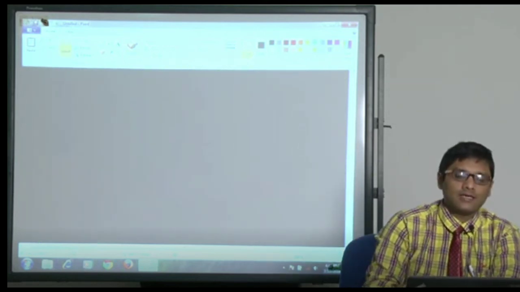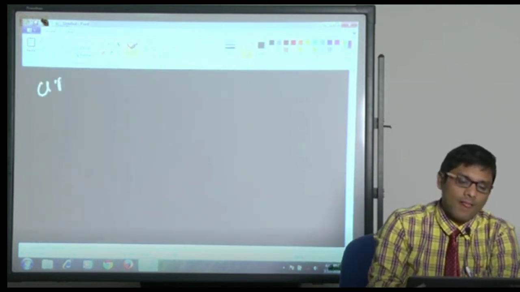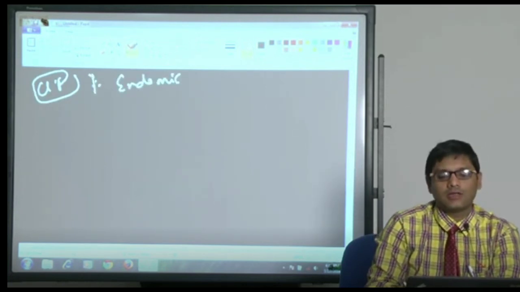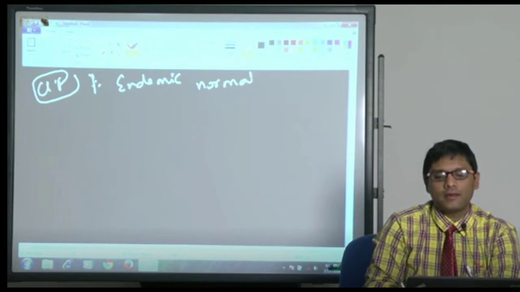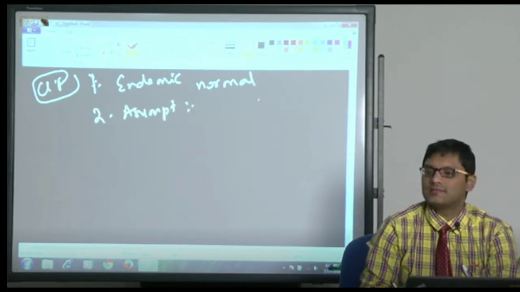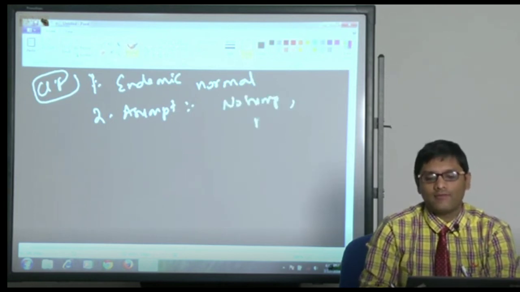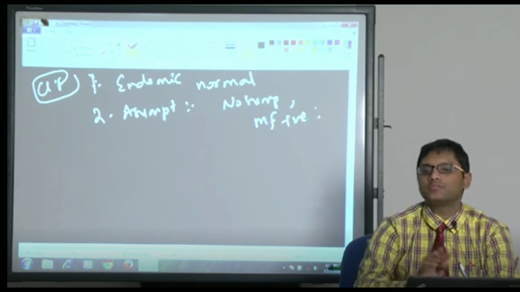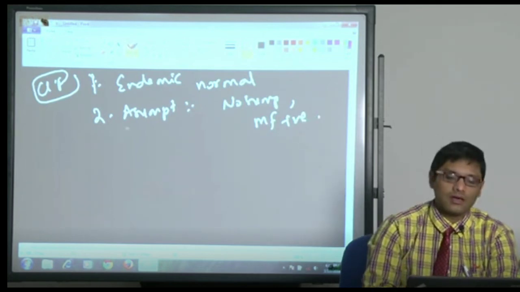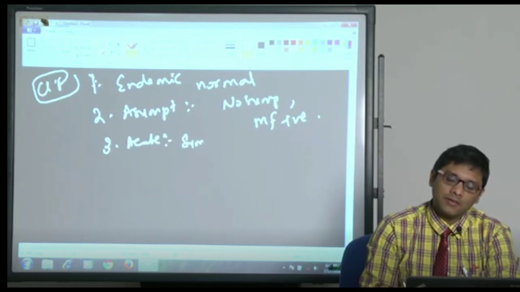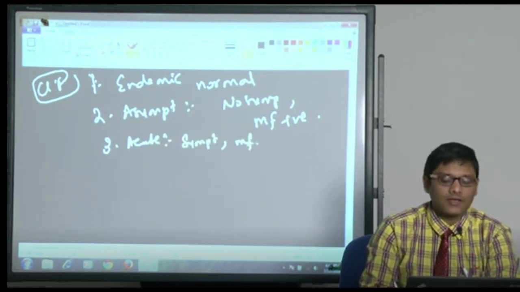And the disease can be classified into 4 stages. Endemic normal: these are the normal individuals in an endemic area. Asymptomatic filariasis: there is no symptom, but microfilaria will be positive in blood. Then acute filariasis: they are symptomatic patients plus microfilaria will be positive.